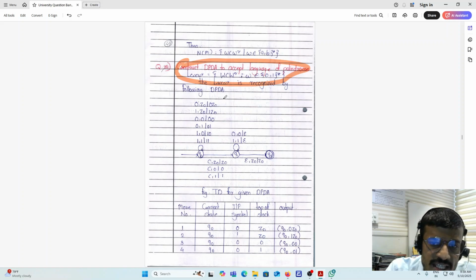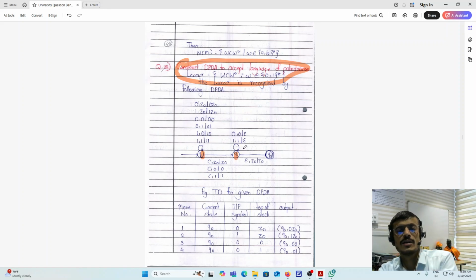Already we have explained this in the class, but I am repeating here. These are the 6 movements at state Q0. Then while traveling from Q0 to Q1, 3 possible transitions are there. At Q1, 2 transitions are there, and from Q1 to Q2, 1 transition is there. Q0 is the initial state, Q1 is the normal state, and Q2 is the accepting state.